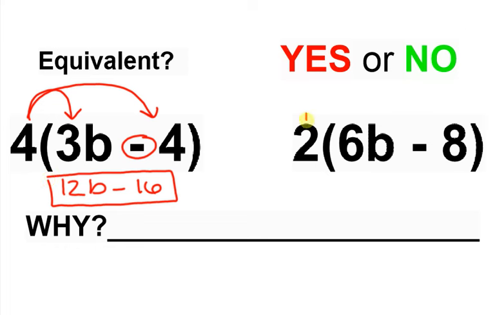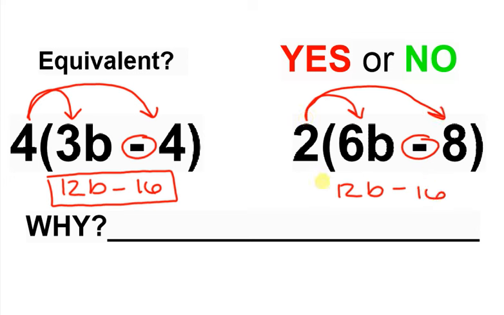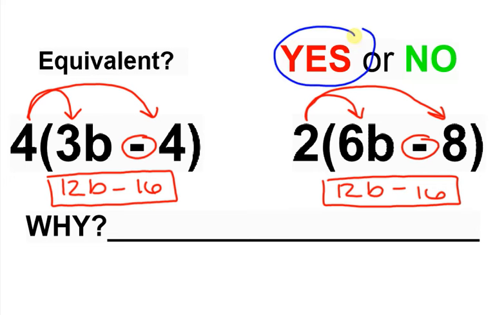Over here I have 2 times 6b. That is 12b. Bring down my minus. And I have 2 times 8, 16. Are they equal? 12b minus 16, 12b minus 16. Yes, they are equal. Why? How did you solve them? You used the distributive property.